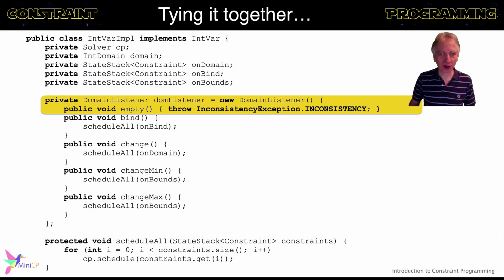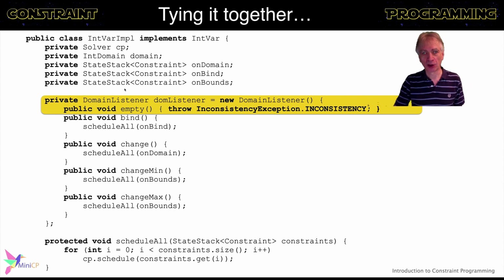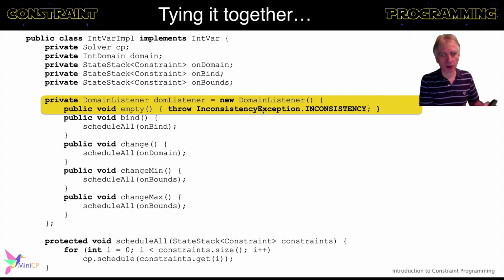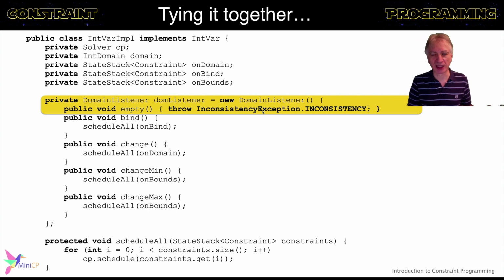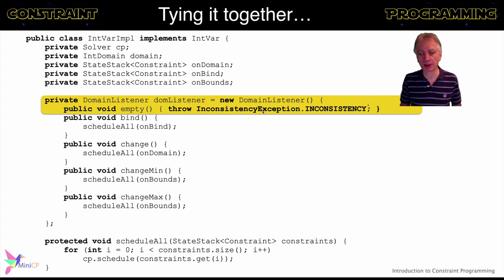So remember, this is one of the places where you can actually throw an exception. The domain listener here in a variable: the domain can become empty, in which case you throw this exception. That's the place inside the variable where you can throw this exception. Of course, some complex constraints like the all different can throw exceptions themselves, right? But there will be some exceptions which are thrown by the constraint, and some of the exceptions which are thrown by the variable when they become empty.